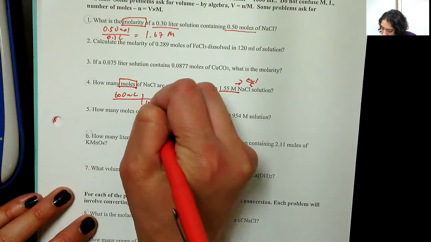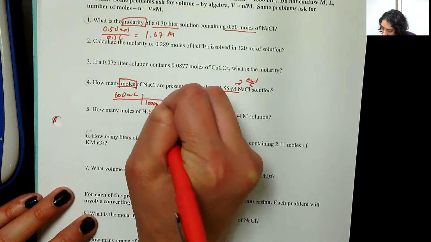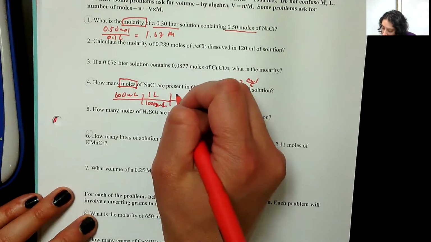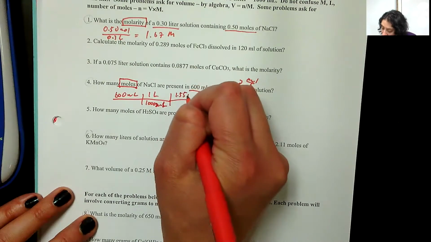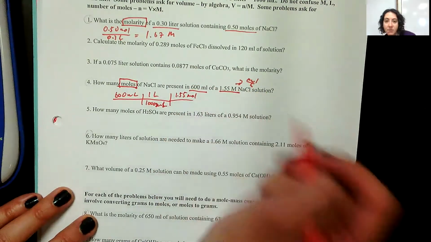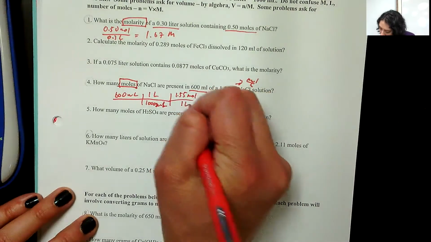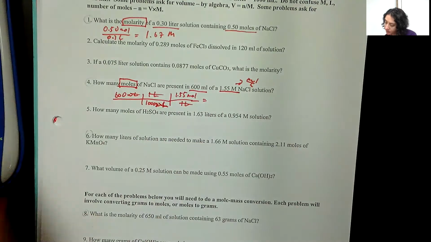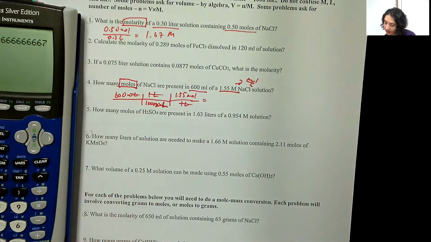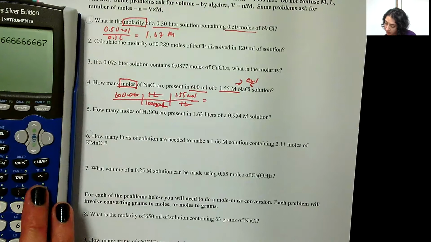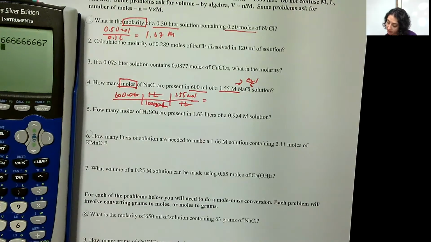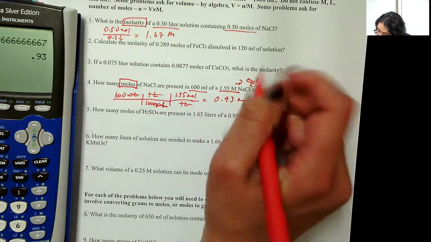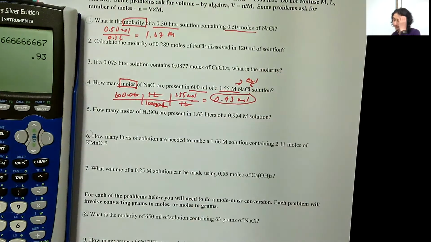Let's convert it to liters. And we want moles, so we need moles on top. The number that you get with molarity is always the moles, and it's always per 1 liter. So the milliliters and the liters cancel out. We're left with moles. So that's going to be 600 divided by 1,000, which is 0.6, times 1.55. And that's 0.93 moles. And that's our answer.